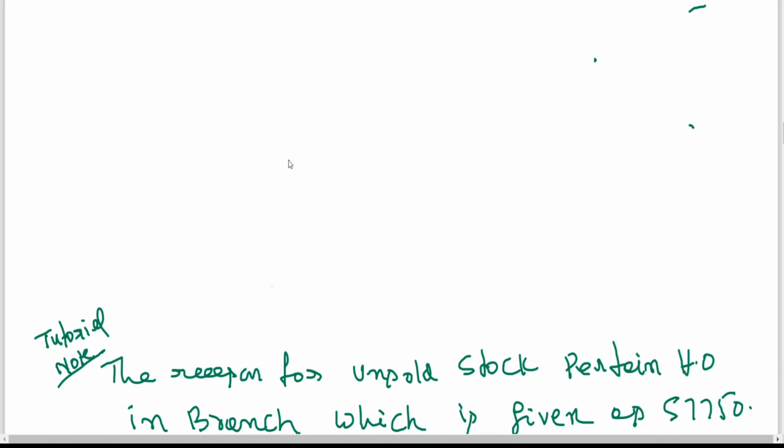Let me give an example. 100 rupees invoice price, 20 profit. Okay, this profit is clear. 100 rupees has been sold. Out of 100, I'm giving 20% profit on 100, so it is coming to 20 rupees. Assumed profit has been 20 on goods sent to branch. To have more clarity, I'll give you like this.